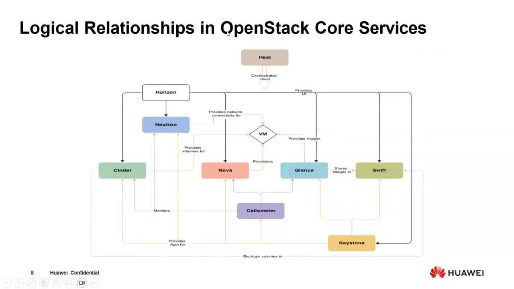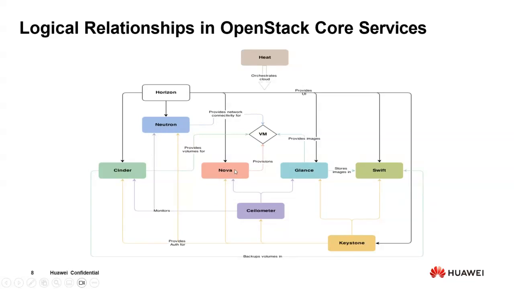So, logical relationship in OpenStack core services. All the services that we've shown on the website have a relationship, and this is the diagram that shows the relationship. If you create a virtual machine and you want to do some networking stuff, you go to Nova and Neutron.